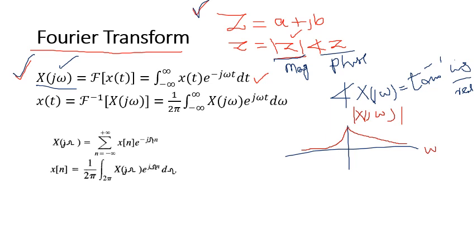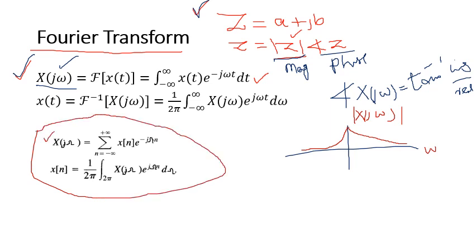Similarly, for the discrete time case, the Fourier transform of the discrete time signal is given by this expression here. Capital omega represents the frequency of the discrete time signal, right? So this is the analysis equation, and this is the synthesis equation. You can also say the analysis equation is the equation that transforms the time domain signal into the frequency domain.